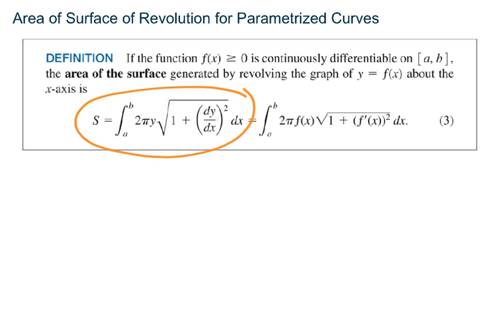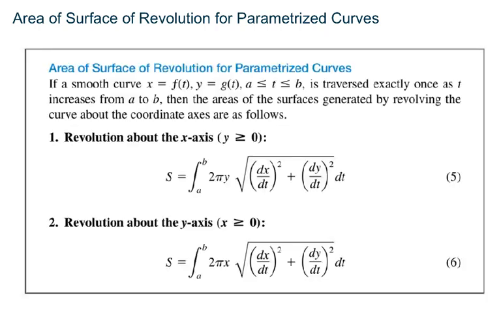So this is a formula we used earlier in the semester, and this is just for a regular Cartesian function, y in terms of x. But of course, we're dealing with parametrized functions now. So we have two new formulas, which are very, very similar.